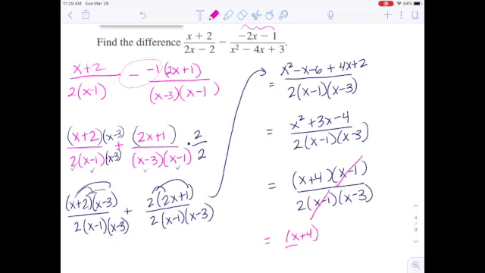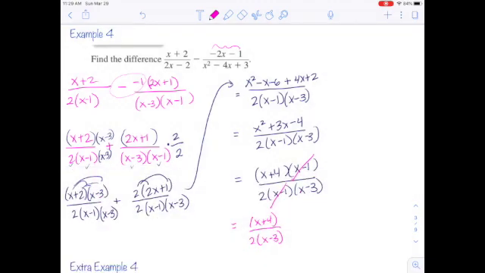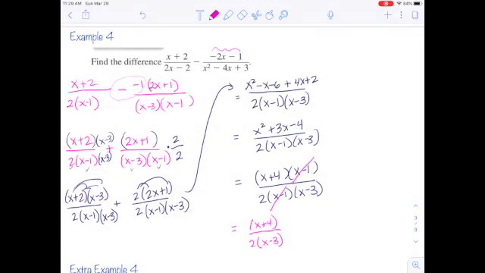And you're left with just x plus 4 divided by 2 times x minus 3, just as long as your x doesn't equal positive 3, or even technically positive 1 from this step.